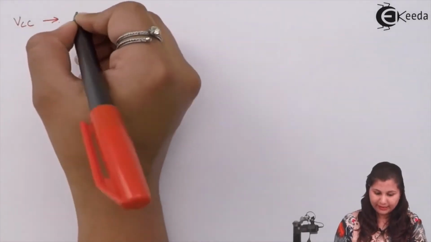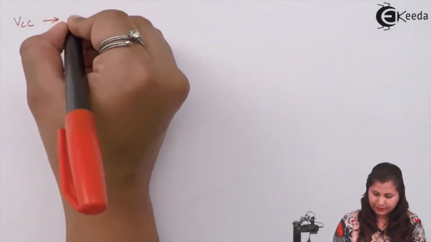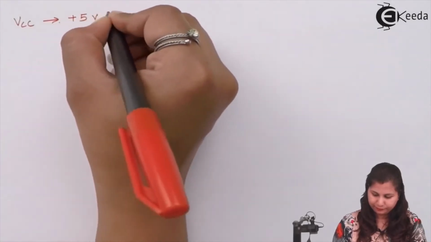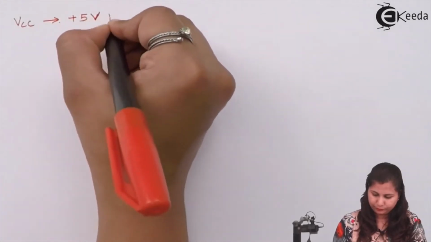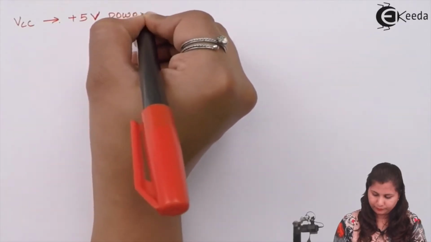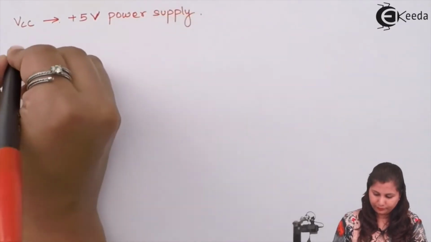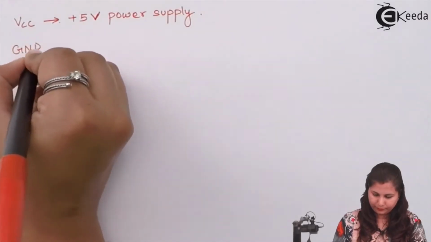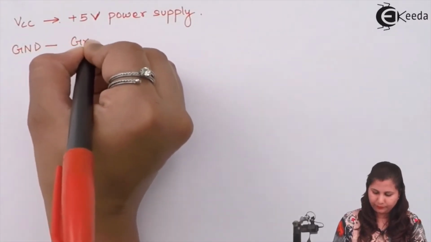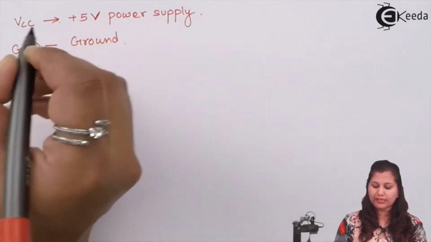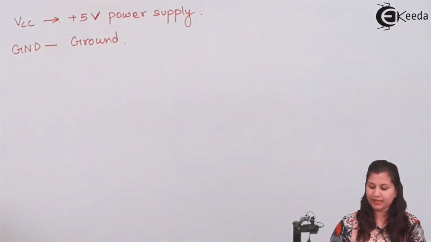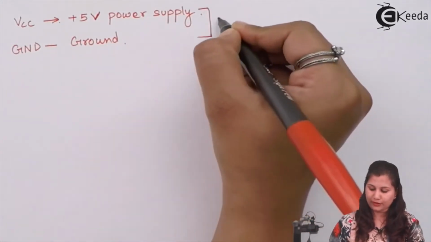So VCC and ground are the power supply connections.